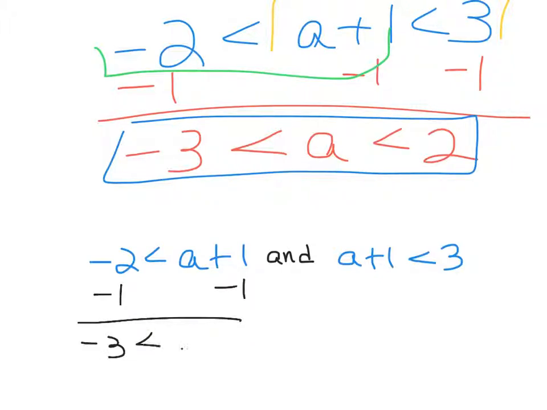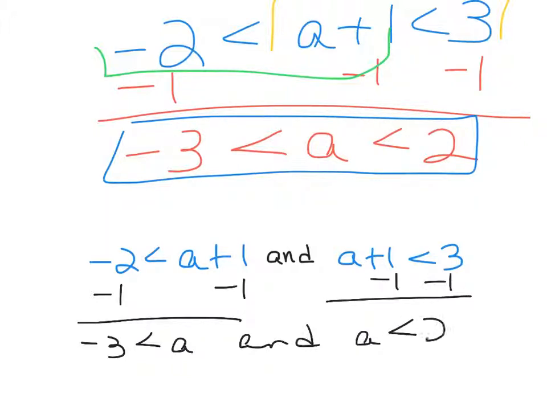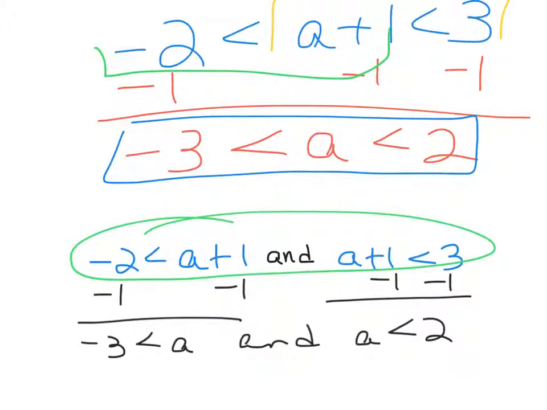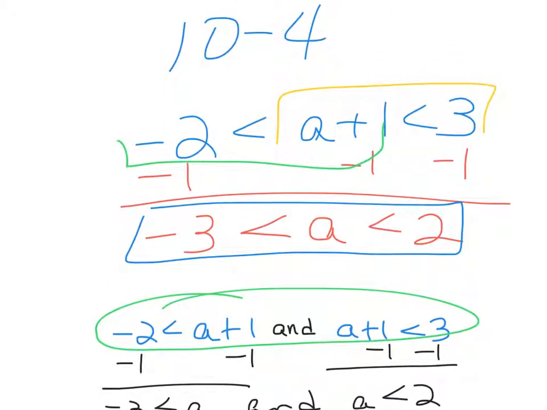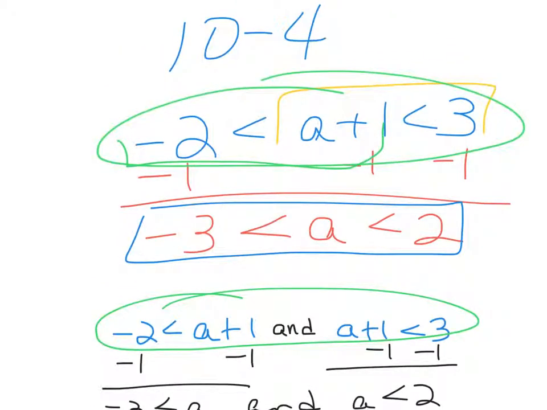So -3 less than a, and over here, a is less than 2. So again, you can do it either way tomorrow on the quiz. Some of the questions will be presented like this, already pulled apart for you, and then some will be presented compound. Actually, no, there is some towards the end where it is pulled apart.